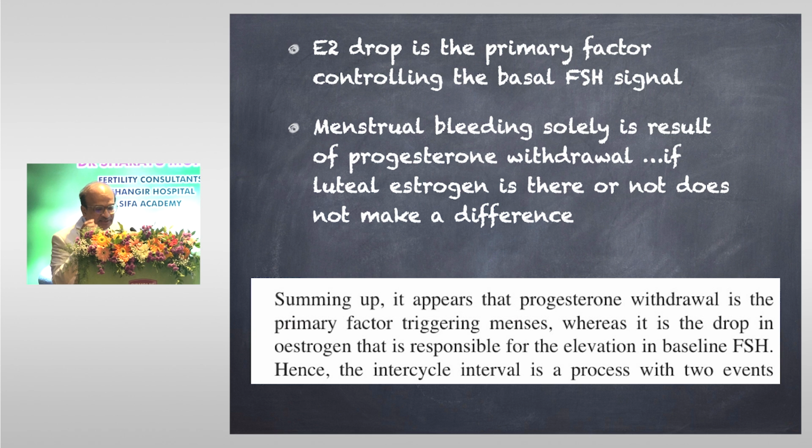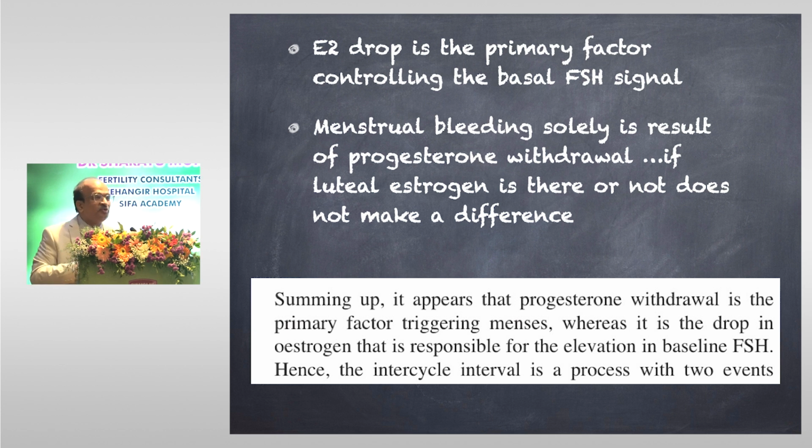So menstrual bleeding is solely a result of progesterone withdrawal. If the luteal estrogen is there or not, does not make any difference. All of us prefer giving 4 or 6 milligram of progynova, starting maybe 6 or 7 days prior in the luteal phase to synchronize the follicles. Do they not get menses? They all get menses, isn't it? So estrogen has nothing to do with menses.